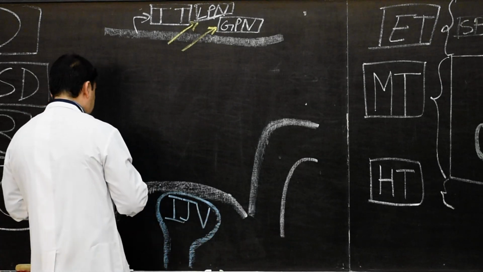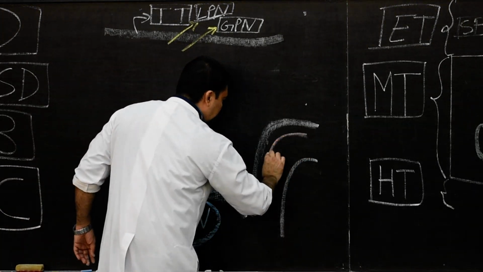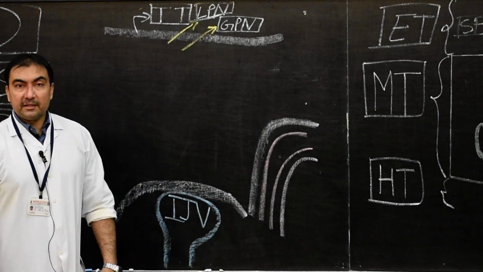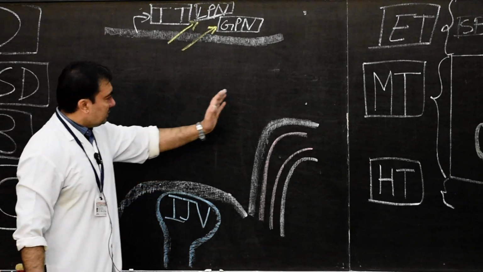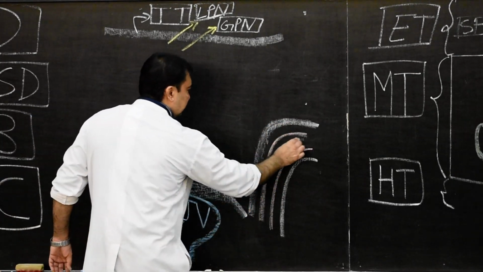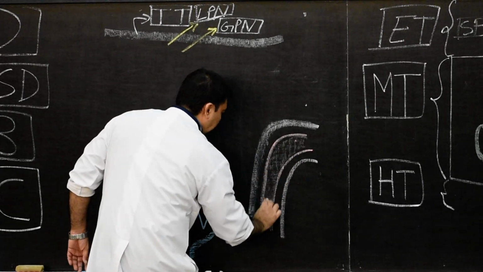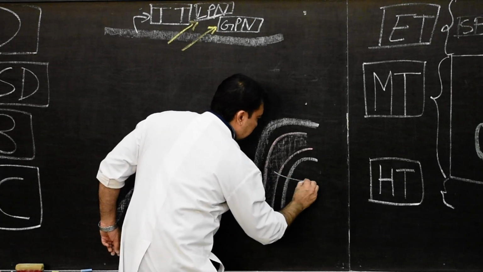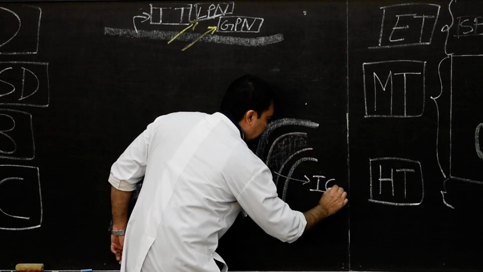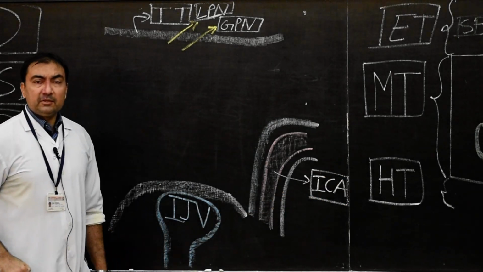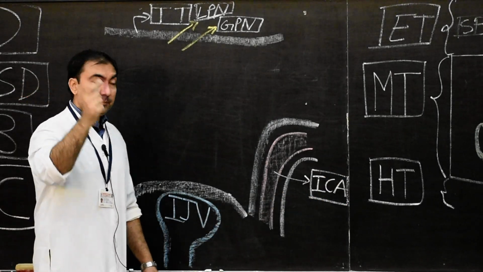And what is present in the carotid canal? In the carotid canal, there will be the presence of the internal carotid artery. So the anterior wall, in the lower part, has the carotid canal, in which there will be the internal carotid artery. Now, let us write down internal carotid artery. What is present along with the internal carotid artery? Its sympathetic plexus.